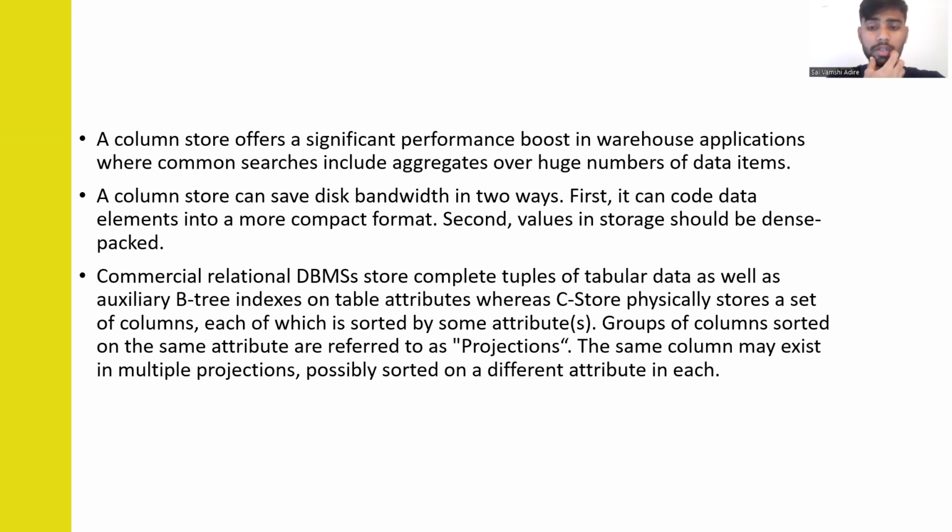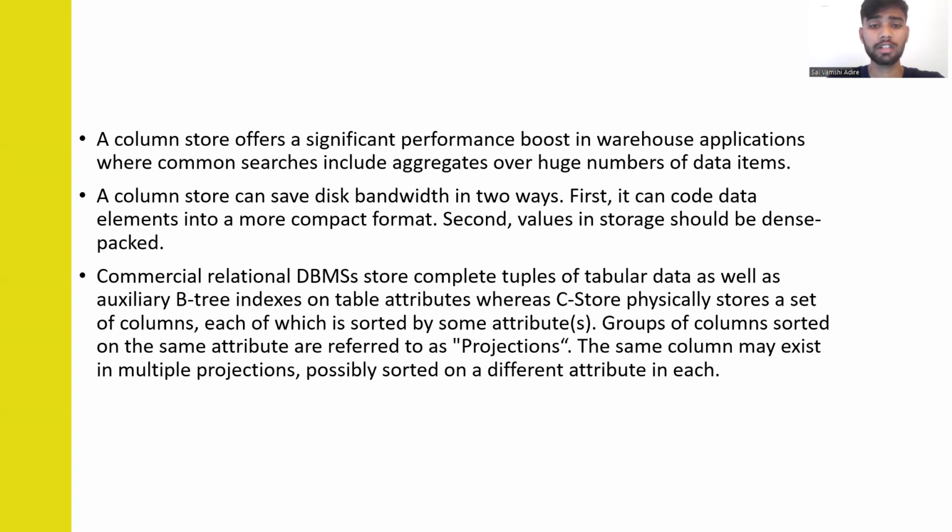So let's see how it can save. The first way is to code the data elements into a more compact format, and the second is that values should be stored densely packed. We all know that commercial relational database management systems store the tuples of tabular data as well as B-tree indexes of table attributes.